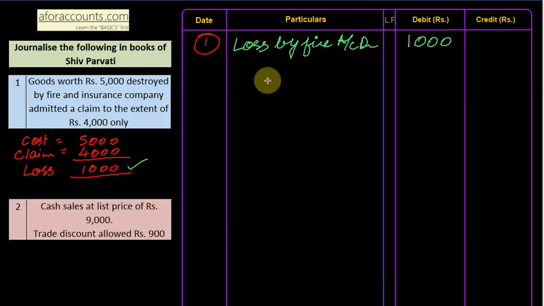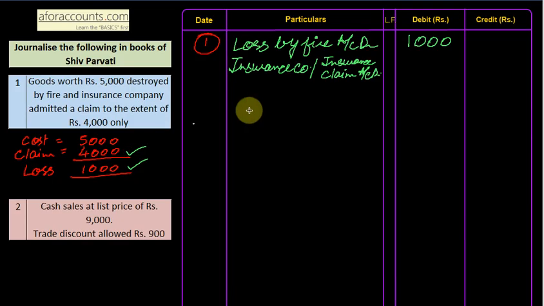Then insurance company accepted the claim, so you can write insurance company or insurance claim account debit. कितने का claim? 4,000. So 4,000 is the claim.